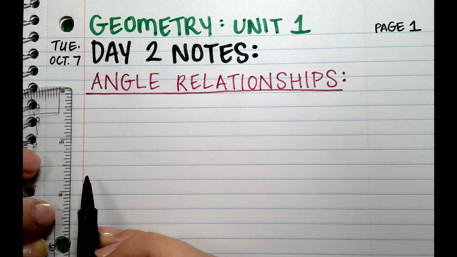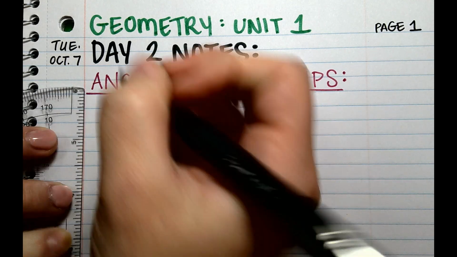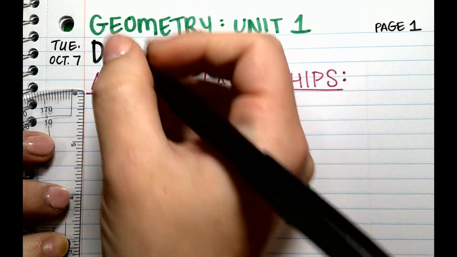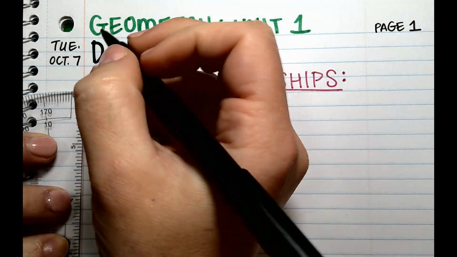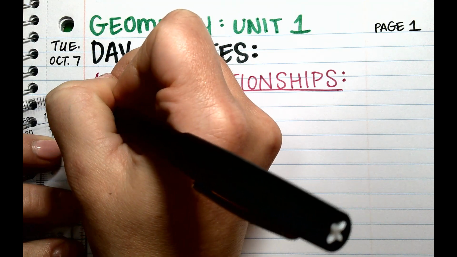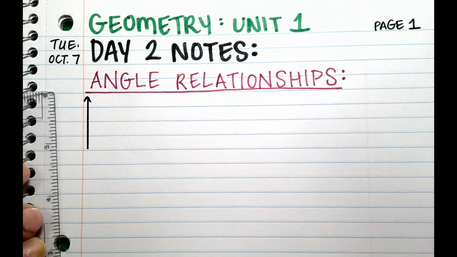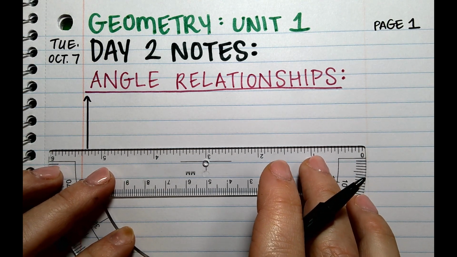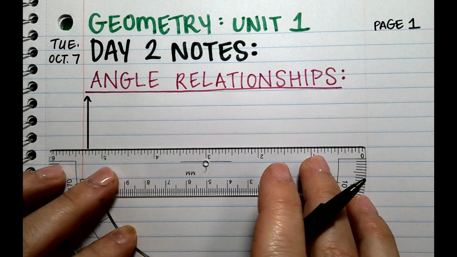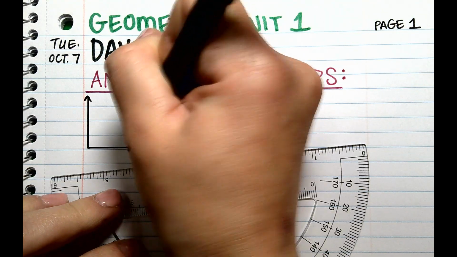So we need one ray shooting straight up, one ray going straight to the right. And I'm not going to make it too big. I'm going to make it like 3 spaces tall here. So let's do, well, I made it 4 spaces. That's all right. One ray going straight up. One going straight to the side.